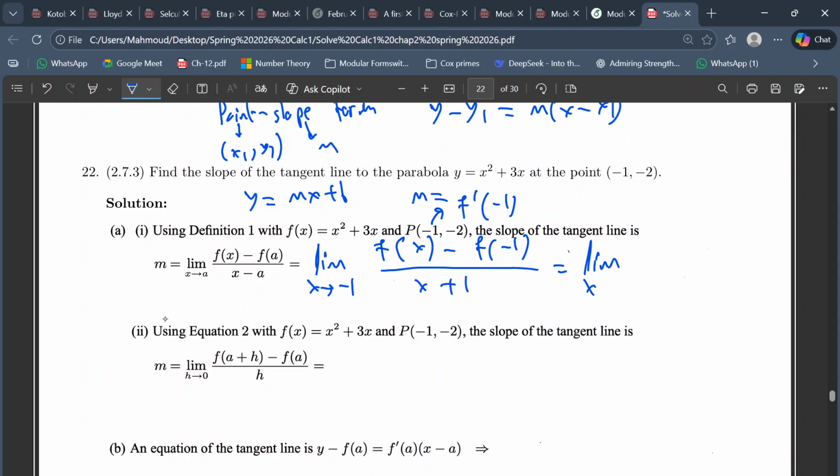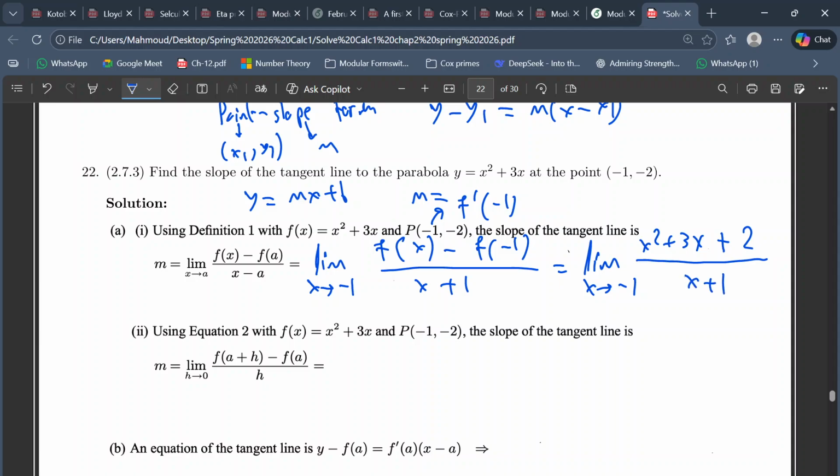The limit as x goes to minus 1 of (x squared plus 3x minus...) when you substitute minus 1, what do you get? Yes, you get minus 2. But we have minus from the formula, so plus 2, right? Minus minus 2 becomes plus 2. Now over x plus 1.